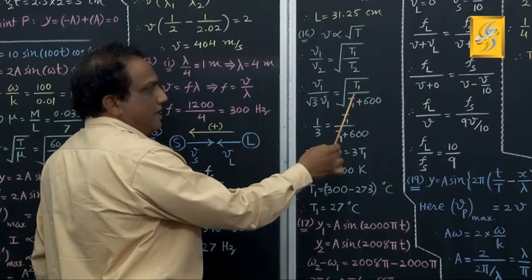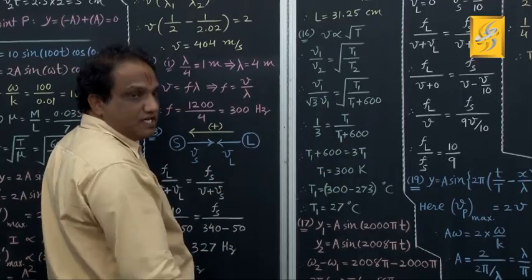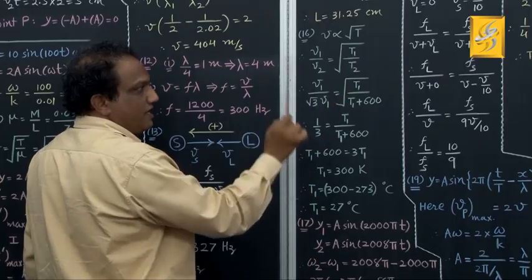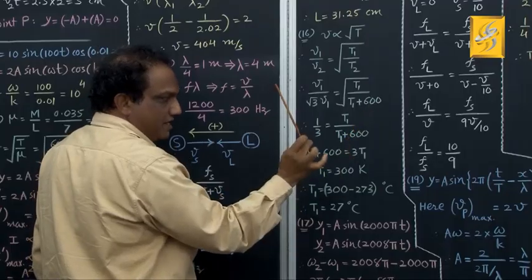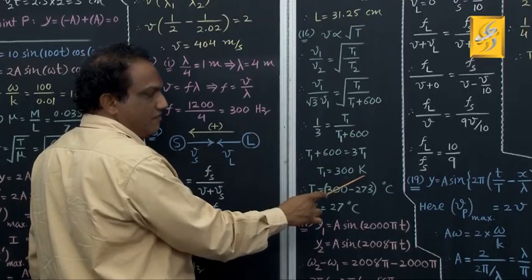Fine. And now V1 will get cancelled. Take squares on both sides. The square of 1 upon root 3 will be 1 upon 3. When you take the square on the right hand side, the square root will vanish: T1 upon T1 plus 600. Simplify, find T1, it is 300 Kelvin.